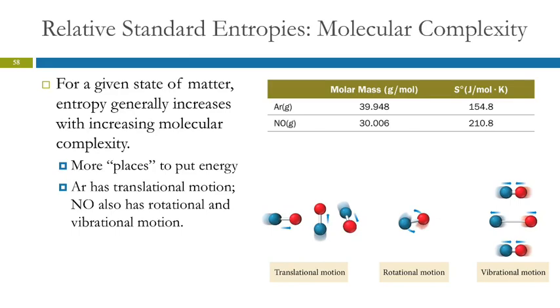See, I was testing you. Argon does not have vibrational motion. Nitrogen monoxide does. The molecule can do this, the atom cannot. Okay? So that's why the molecule has more entropy. So the more complicated the molecule, the more types of vibrational motion you have within it, and so the greater the entropy.